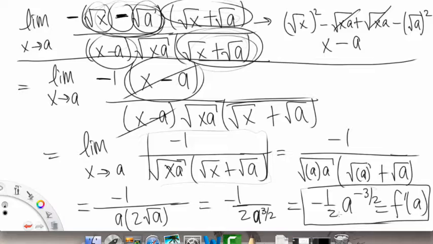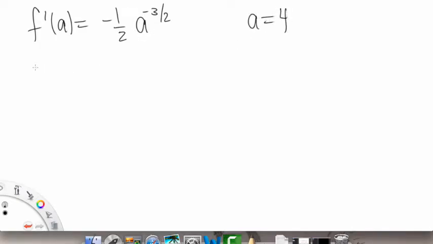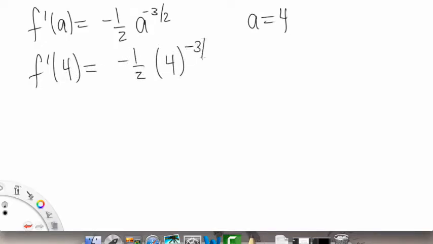Okay, so now what we can do is take that formula, f prime of a is equal to -1/2 times a to the -3/2. We're going to take that, and we're going to plug in our a equals 4. Okay, so f prime of 4 is now going to be -1/2 times 4 to the -3/2.